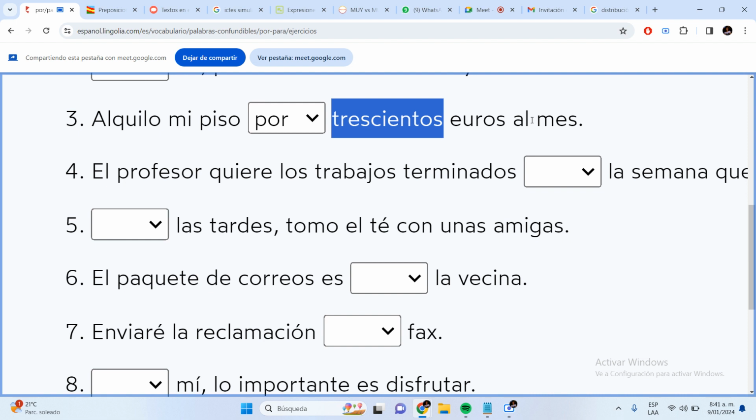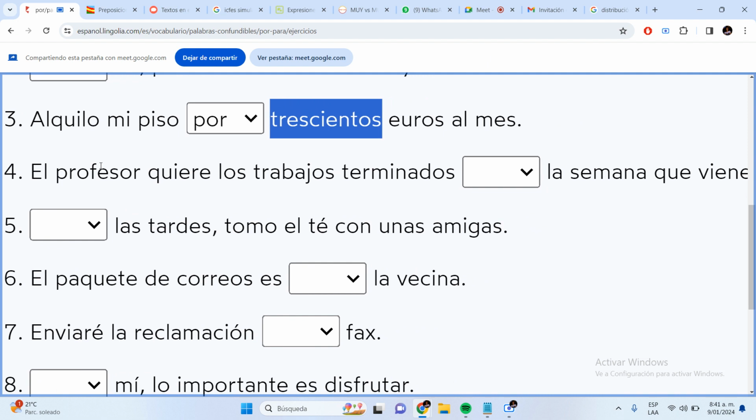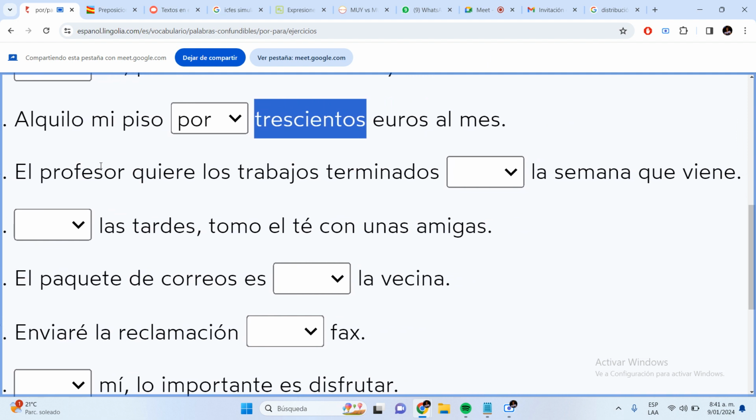I don't know if that would be a normal price for a whole floor in Europe. That would be cheap. Maybe mi piso is like the flat, the apartment, but I think they might be talking about a room. Or maybe it's a really bad apartment.